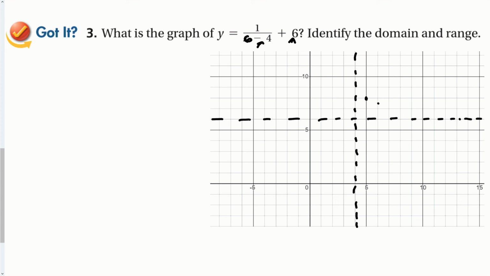And again, you don't need a lot of points to graph these functions because you know that it goes up towards the top, and then it sort of flattens out. We might want one more, so let's plug in 7.